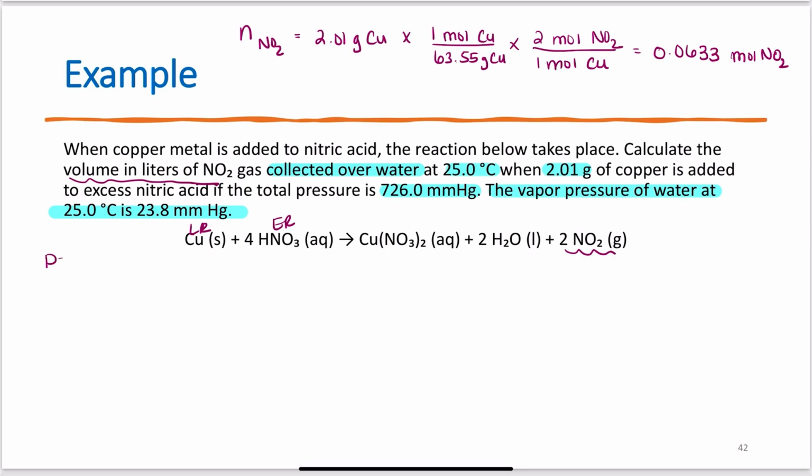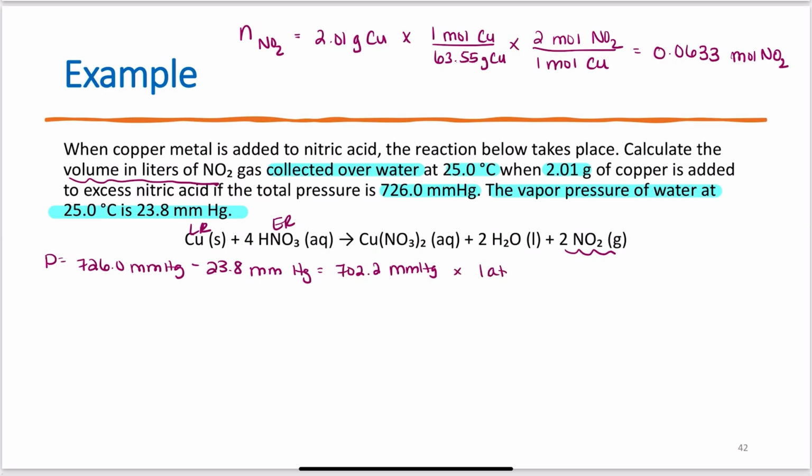Now, my pressure here, 760.0 millimeters of mercury minus 23.8 millimeters of mercury gives me 736.2 millimeters of mercury.